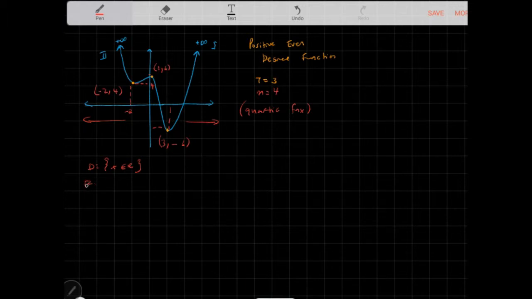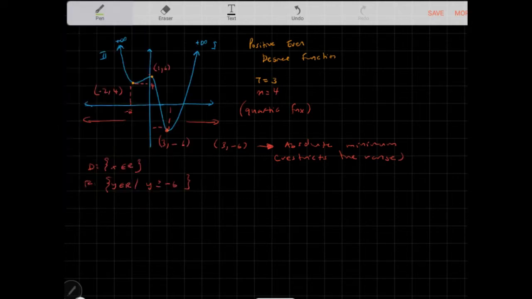The range, on the other hand, is limited. There is a restriction: y belongs to all real numbers, but the lowest point that the y value can touch is greater than or equal to -6. So this point here, (3, -6), is what we call the absolute minimum because it restricts the range.